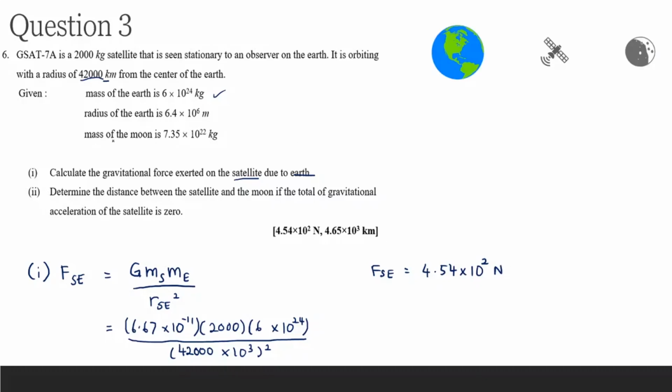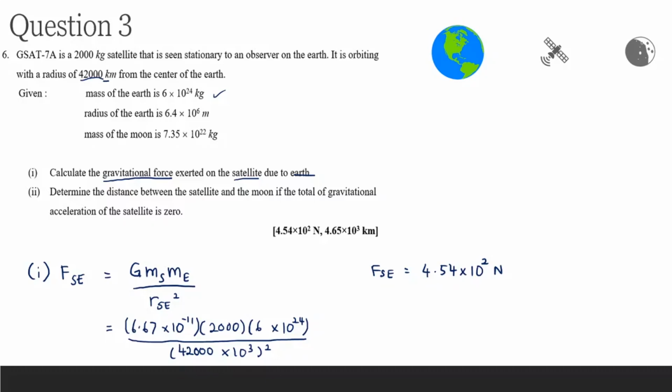Okay, now it says to calculate the gravitational force. It doesn't say magnitude, so we have to give the direction of the gravitational force as well. Even if the question doesn't mention it, state direction, or state magnitude and direction. It's kind of implied in the question.